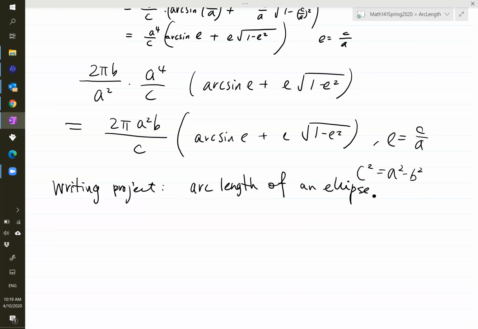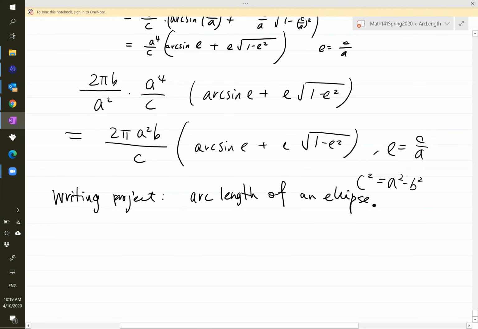Try to do some search of the literature, a little bit of the literature on the arc length of an ellipse. This is really important and one of the beautiful branches in mathematics. It is related to something called elliptic functions.